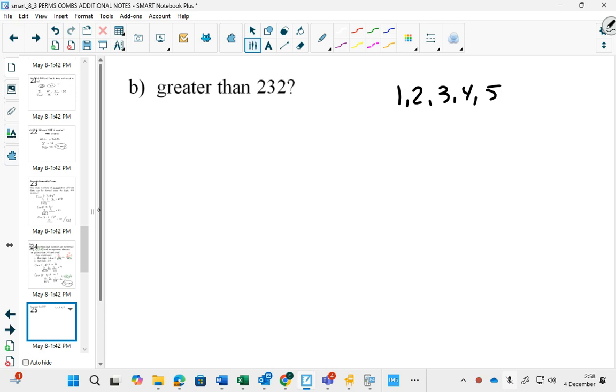So if you try to do it all at once, I'll do this in red again. I have a restriction on the first one. It obviously cannot be 1. Can you see that the possibilities for the first one are 2, 3, 4, and 5? I'll do this in red, because this is going to cause us problems. There's 4 possibilities for the first spot.